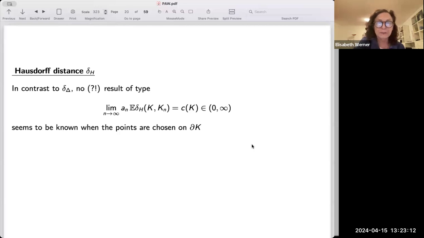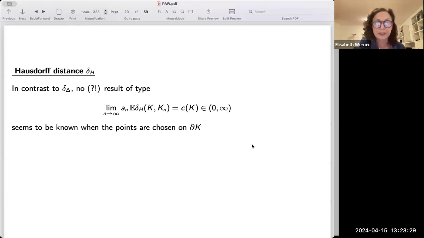In particular, we were not able to find results of the form we are interested in, namely the exact asymptotic behavior of the expected Hausdorff distance of a given convex body K and a random polytope.